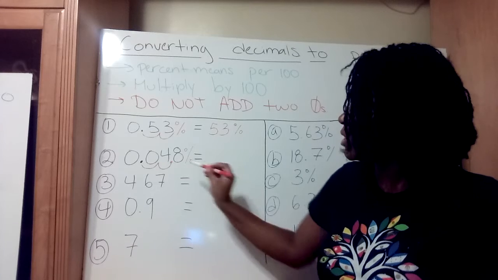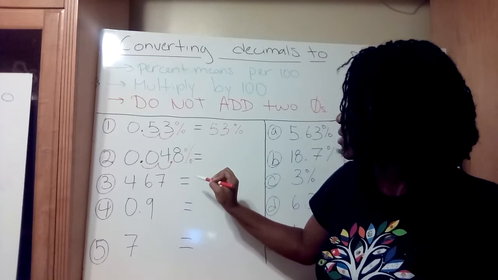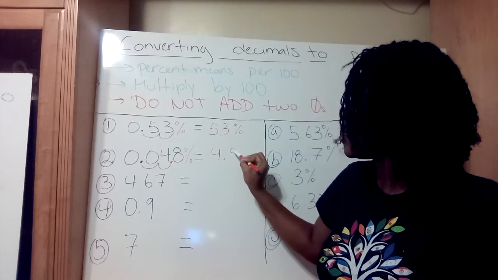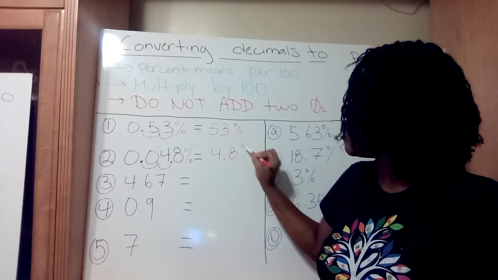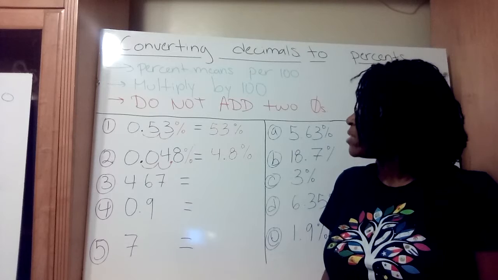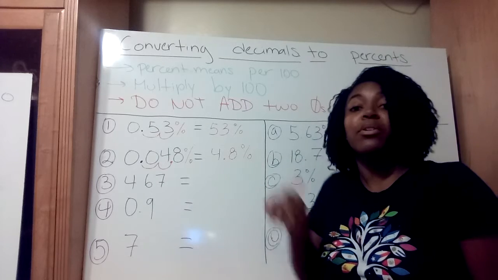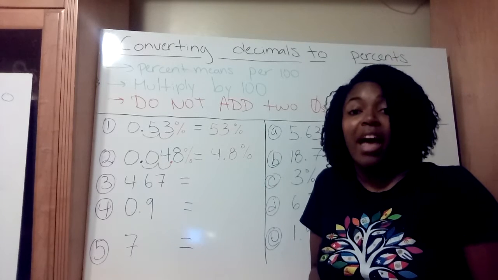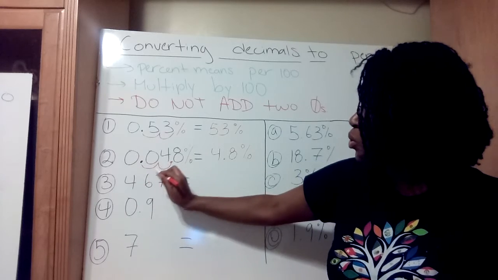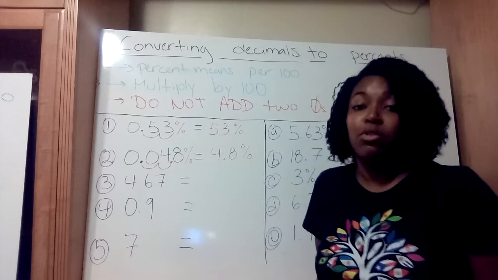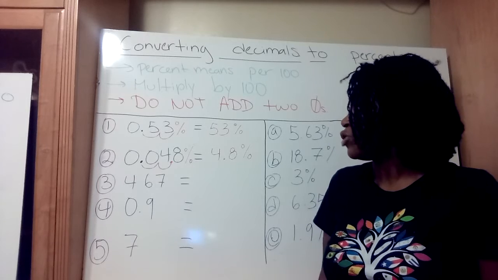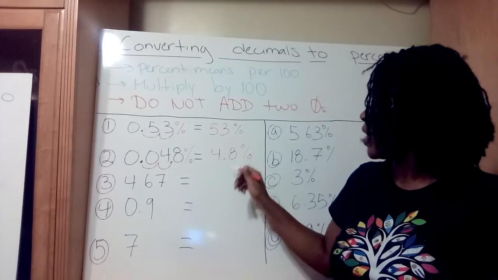So my answer here, notice this is where my new decimal point is, 4.8%. Okay? So yes, sometimes you will still have a decimal in your final answer, and that's okay. But here I moved it 2 place values to the right. It is 100 times greater. All right, it's out of 100 now. So 4.8%.